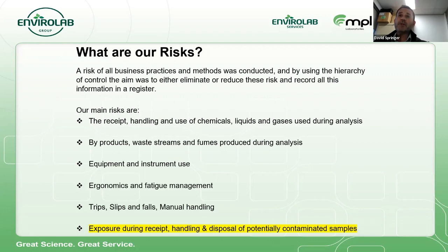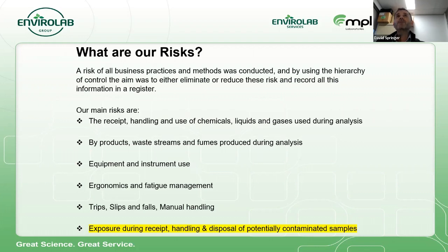All of our equipment and instruments. And then we do have a large staff as well, so we've got to make sure we have ergonomics and fatigue management all looked after, and the usual manual handling. But this little case study I'm going to do tonight is all about our samples.